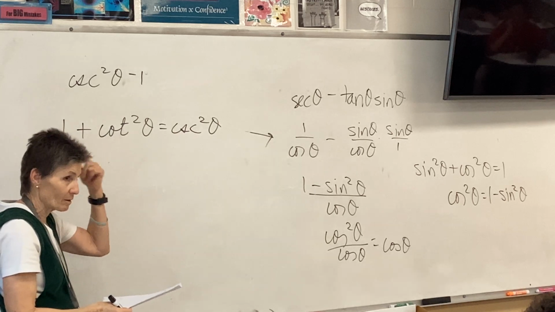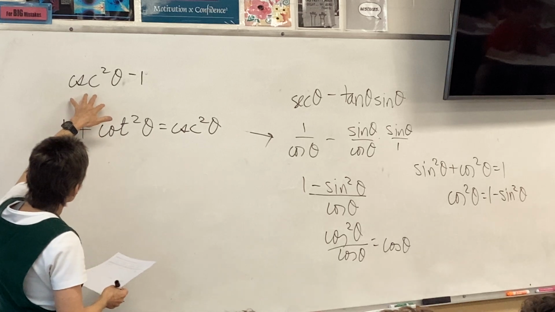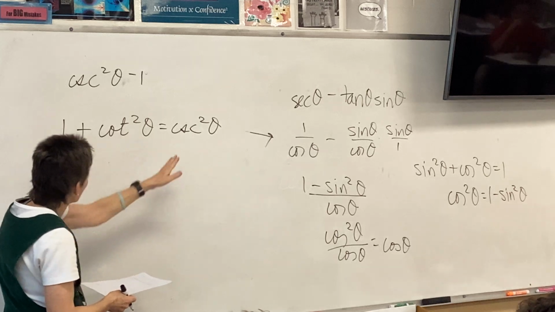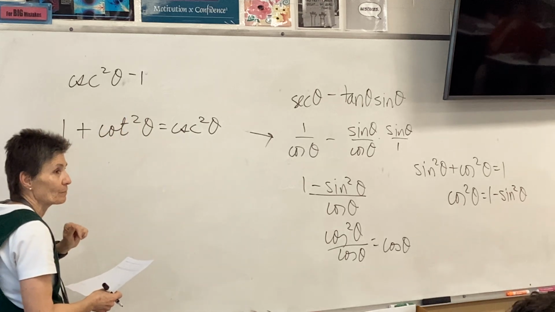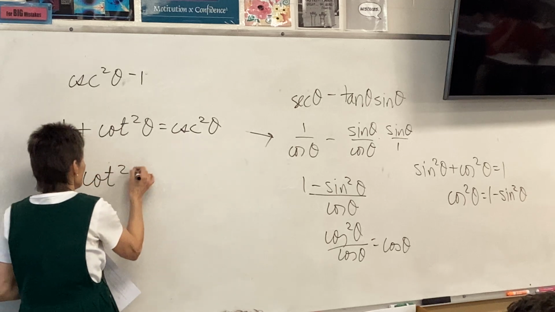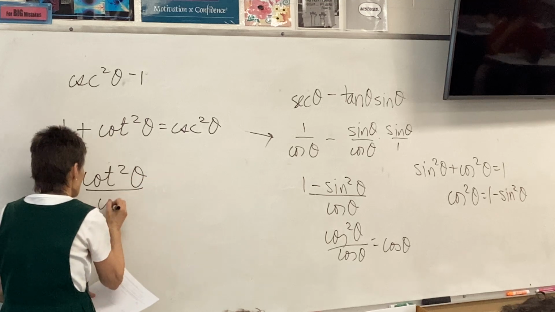That's what I'm gonna memorize. That's what I have up here. So if that's appearing in a little bit different form, what would that equal? If I made that cosecant squared minus 1, what would that equal? Cotangent squared. So I have cotangent squared over cosecant squared.